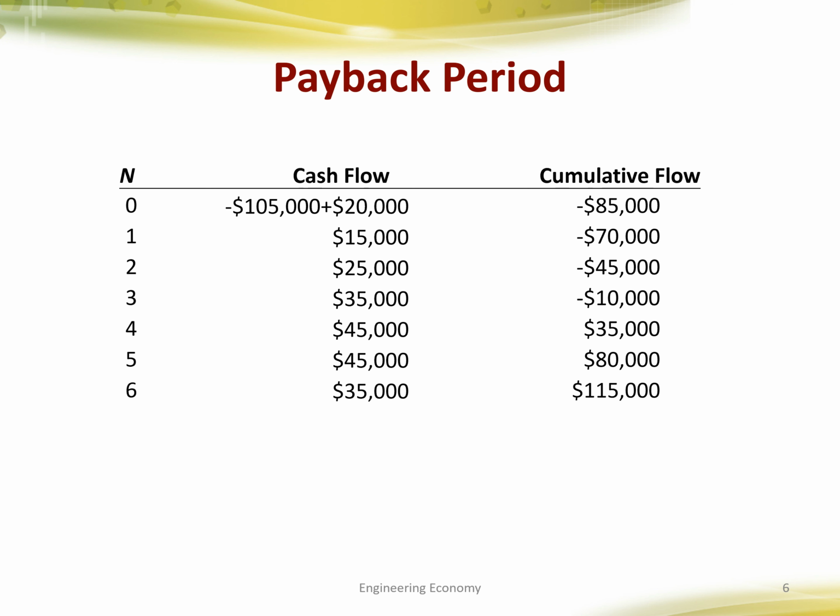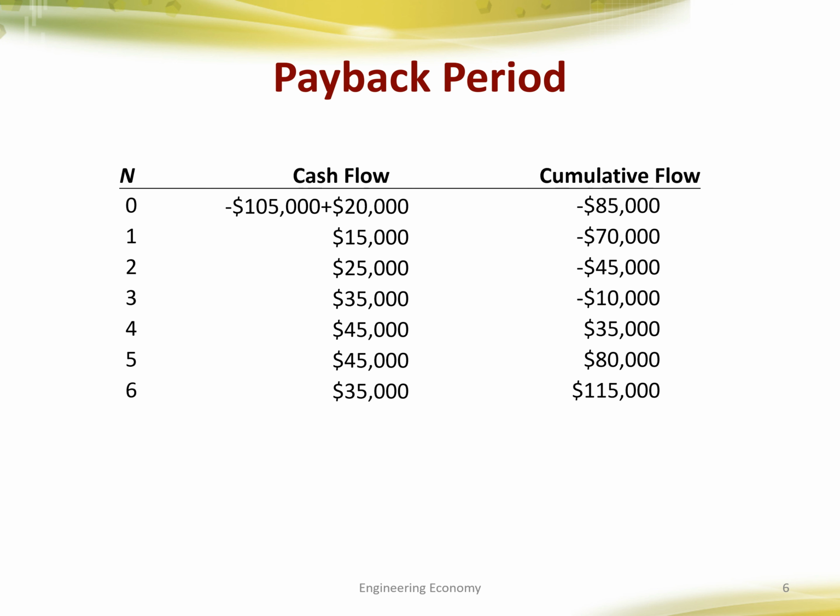So somewhere between the end of the third year and the end of the fourth year, we have recovered our initial investment. Our accumulated cash flow turned from negative to positive. So if we can use a fraction, it should be 3 point some years.